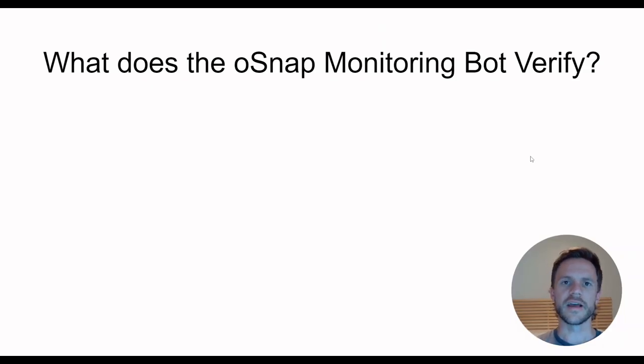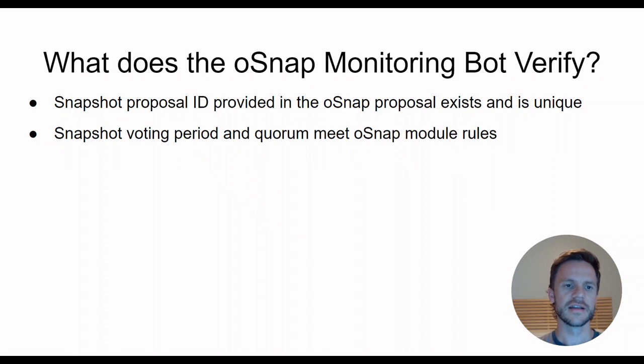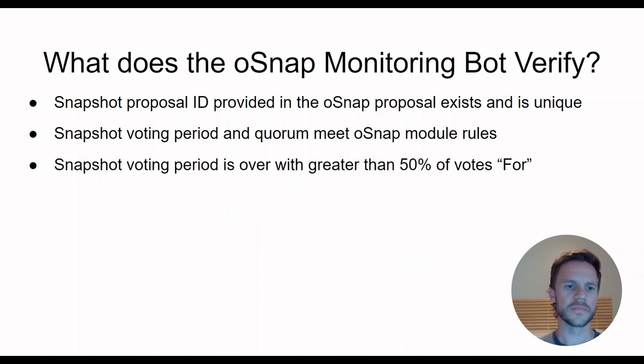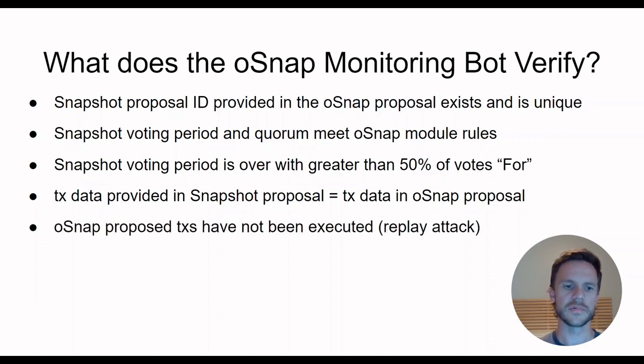So now that we've seen an example of a verified and an unverified proposal, what does the oSnap monitoring bot actually verify? So it verifies that the snapshot proposal ID provided in the oSnap proposal exists and is unique, that the snapshot voting period and quorum meet the oSnap module rules, that the snapshot voting period is over and greater than 50% of votes were for, and that the transaction data provided in the snapshot proposal is the exact same as the transaction data in the oSnap proposal.